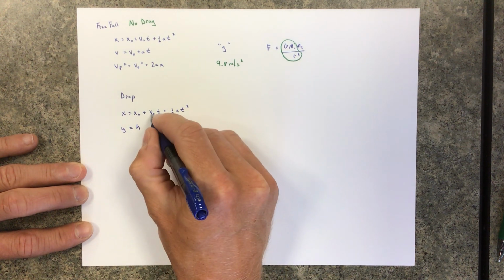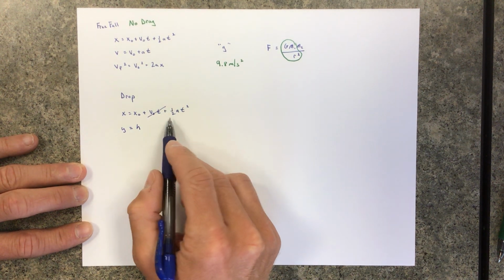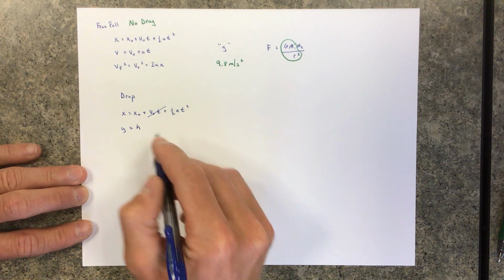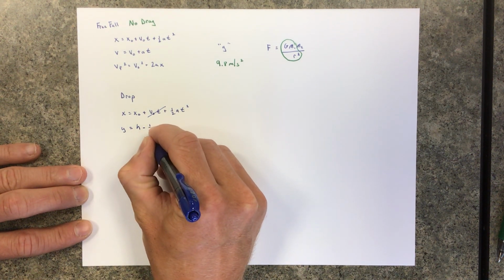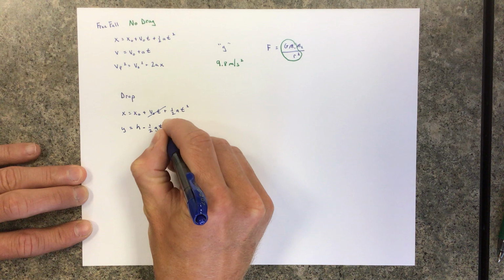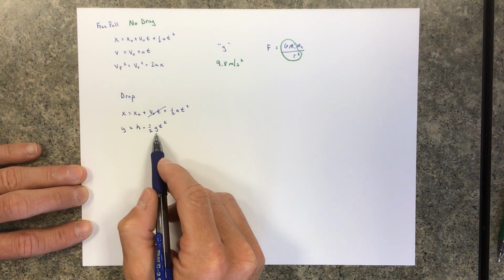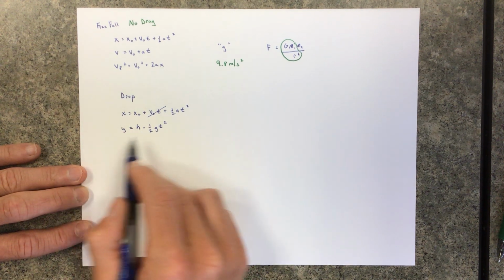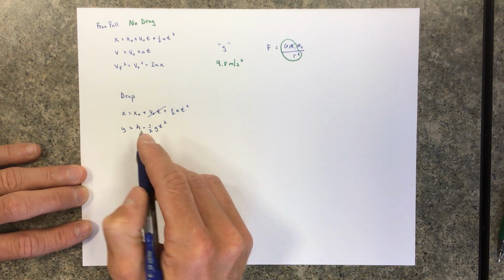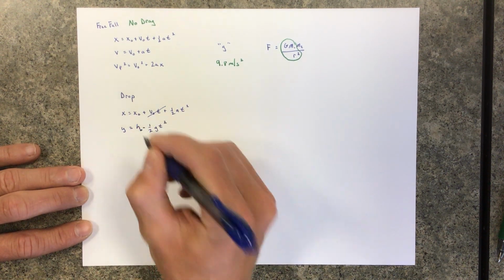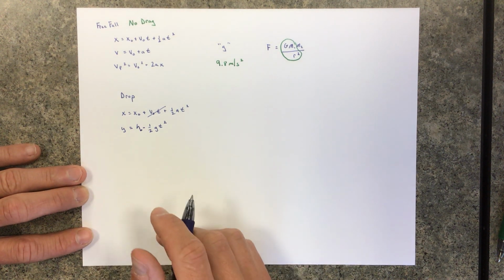If we drop it, then v naught is equal to 0, and instead of some random acceleration like in a car, we know that the acceleration is going to be down, so we're going to use a negative, and the value of the acceleration is going to be 9.8. And so then we know what this is.